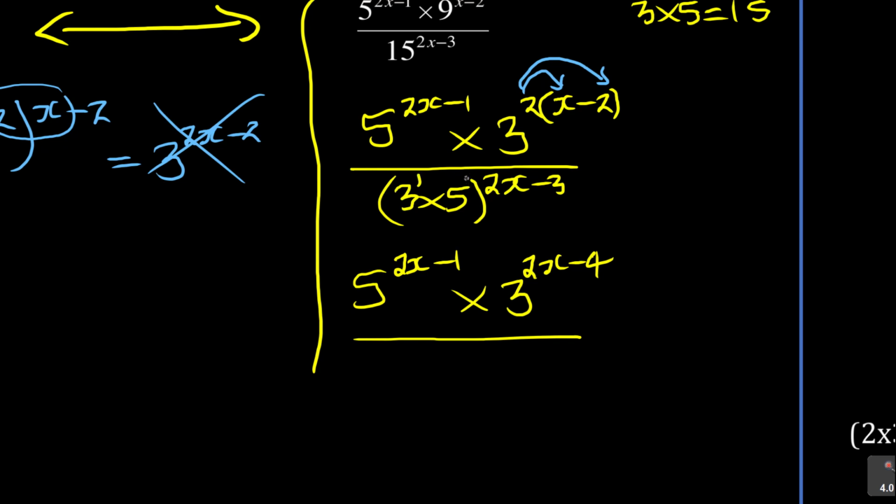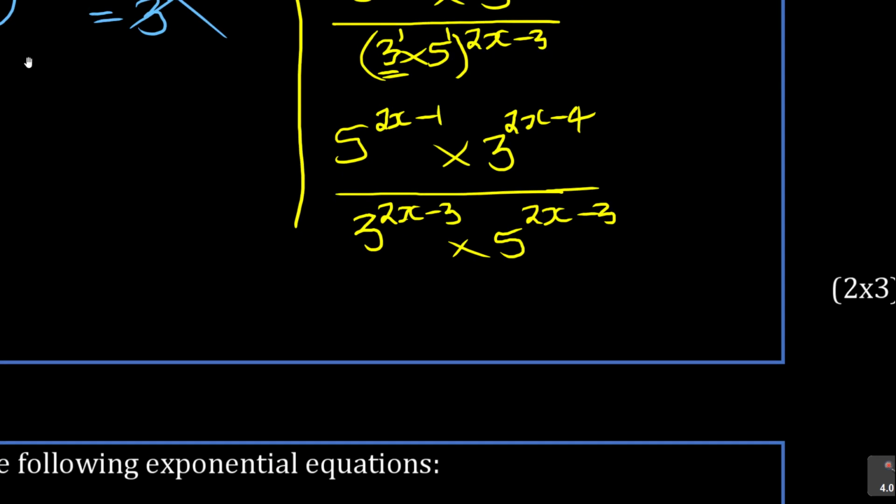If that was a power 1, it's 3 to the power of 2x minus 3, you see, times again 5 to the power of 2x minus 3. That's what I want you to be careful of. Most students will have sometimes made an error with the 3. When it's like this, it's good to go.